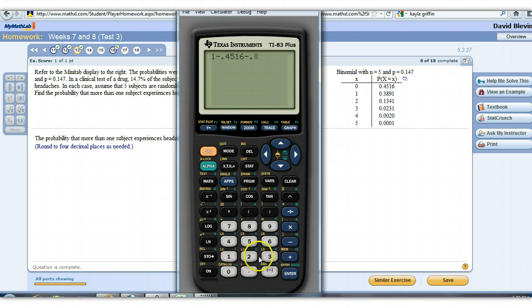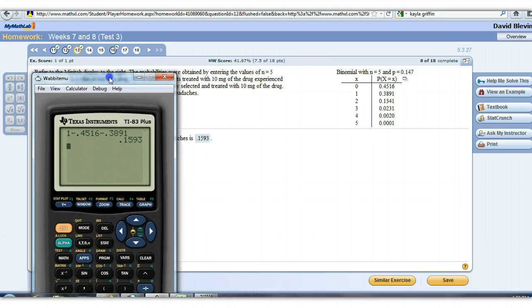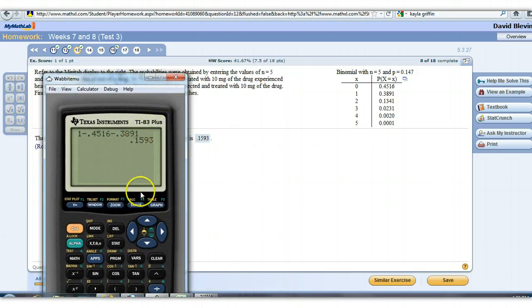And if I subtract those first 2 numbers, what am I left with? I'm left with the sum of the other 4 numbers. So just the same way that I got 0.1593 there, I could have gotten it the same way by subtracting 0 and 1. The only 2 things that don't satisfy this. And that would have been a little bit more efficient of a way to do it. Alright? Because it's only 2 things to subtract rather than 4 things to add. But either way would have got us the same thing.